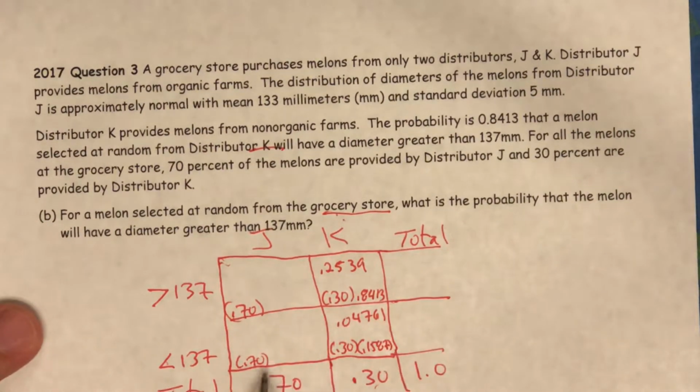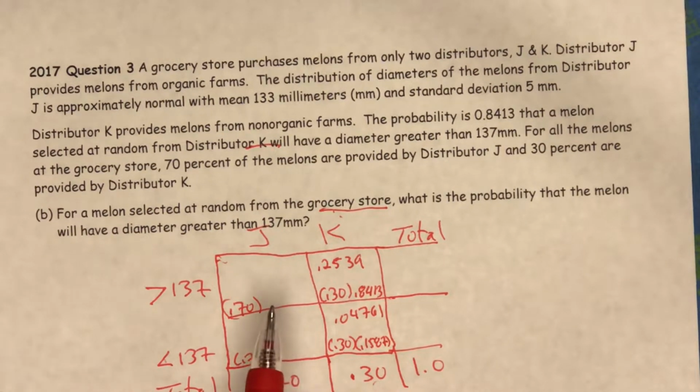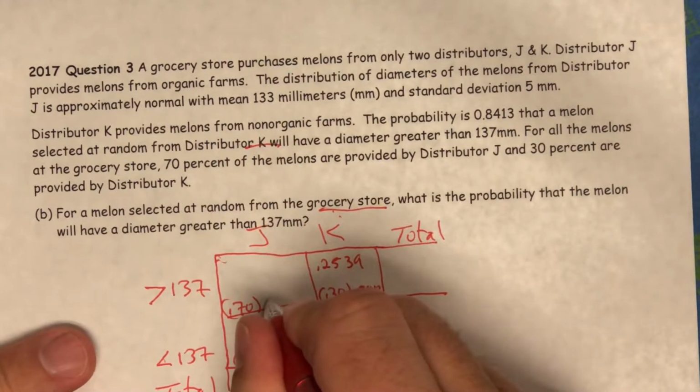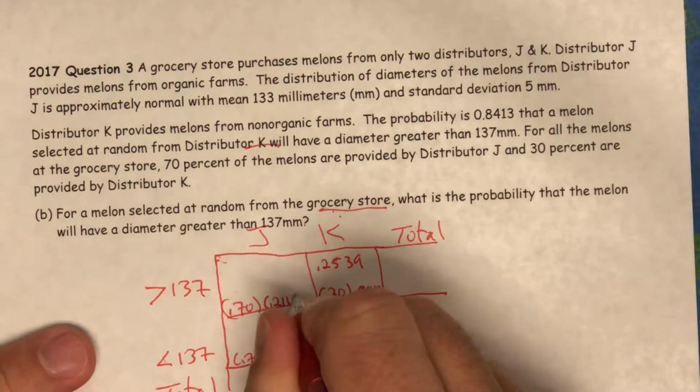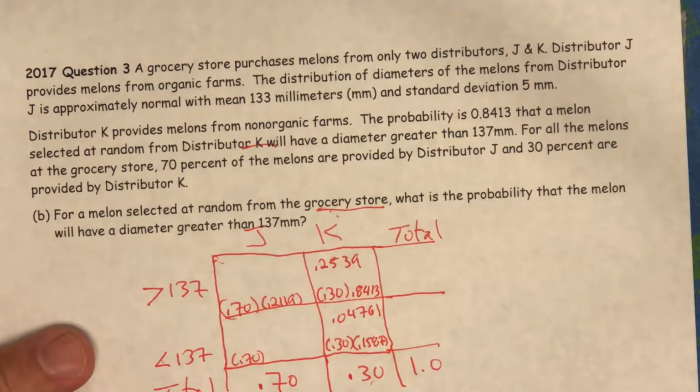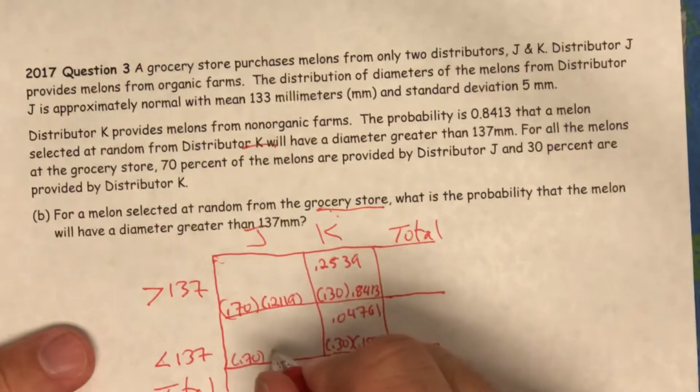Well, the probability that it came from J and is greater than 137 is 0.2119, and I know that because we calculated that in part A. So the complement that is less than that is 1 minus 0.2119, and that is 0.7081.